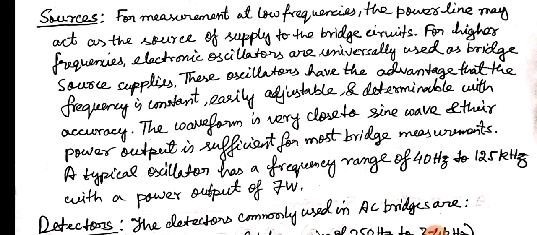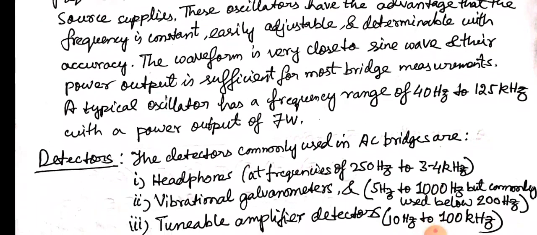These oscillators have the advantage that the frequency is constant, easily adjustable and determinable with accuracy. The waveform is very close to a sine wave, and their typical output is sufficient for most bridge measurements. A typical oscillator has a frequency range of 40 Hz to 125 kHz with a power output of 7 watt.